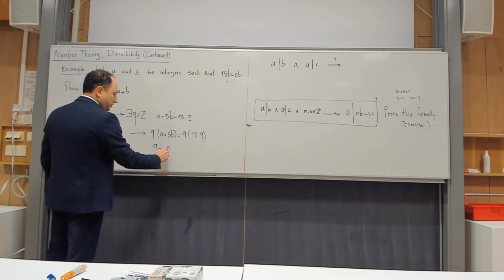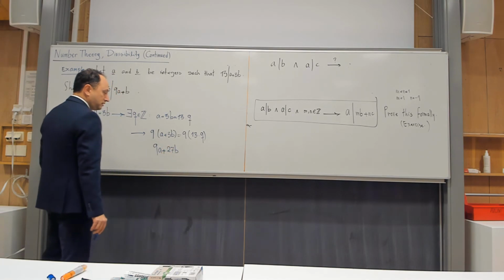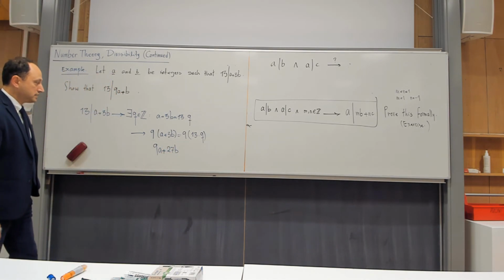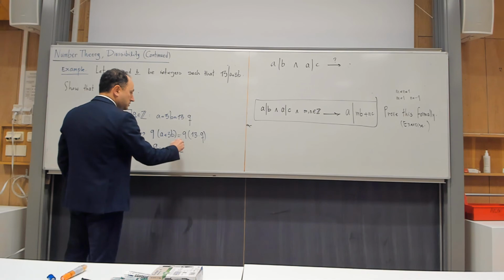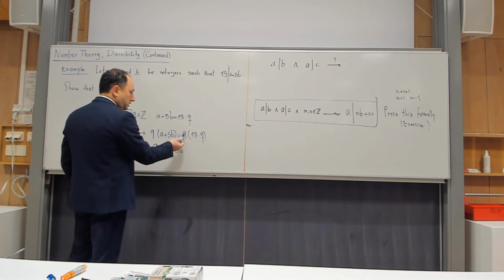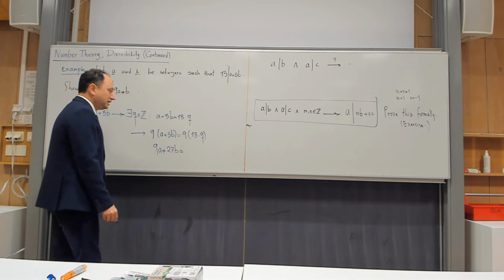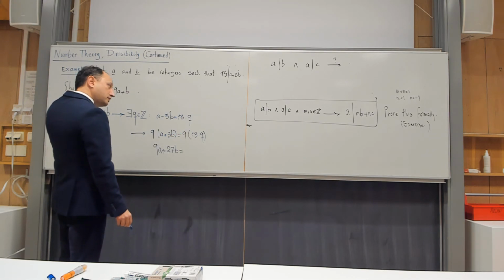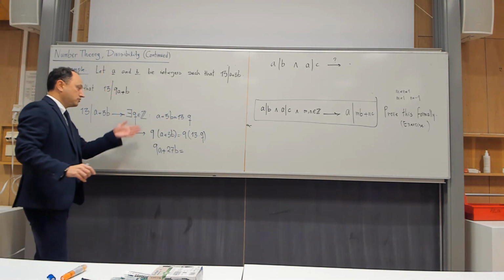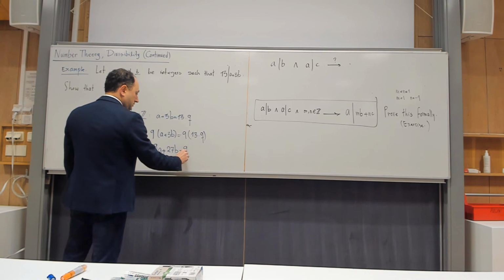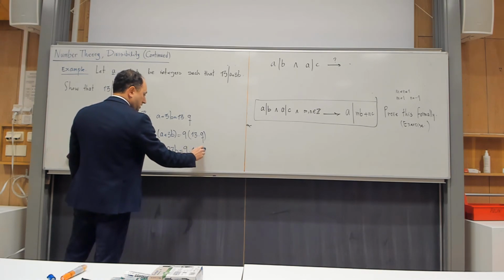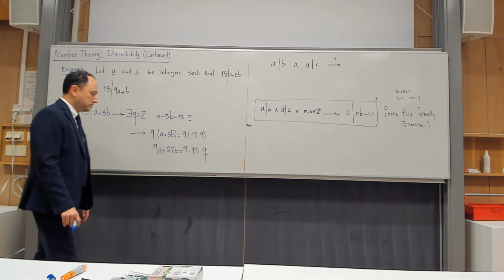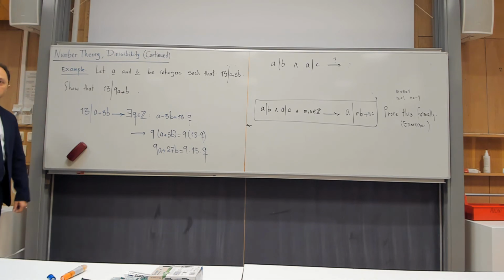So unfortunately, the problem becomes even worse: it becomes 27b. On the right-hand side, I have a 9. I can multiply it by 13, but let us not get rid of 13 because I need 13. Just write it as 9 times 13 times q. If you want to, of course, you can multiply. Okay, then what?